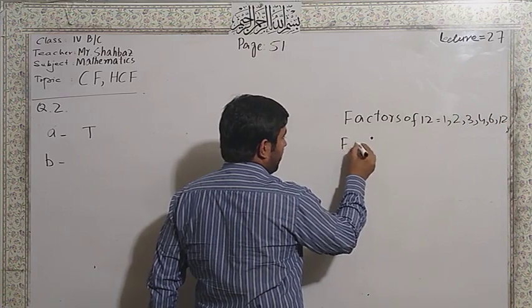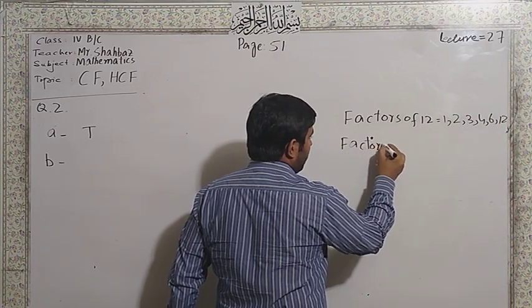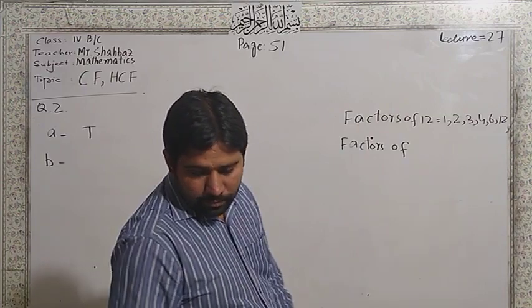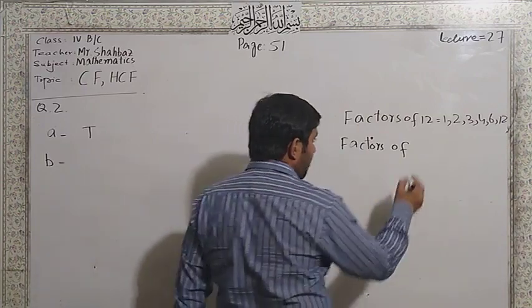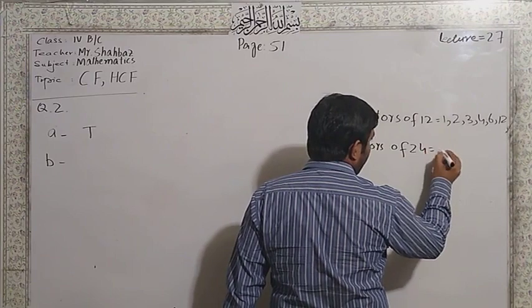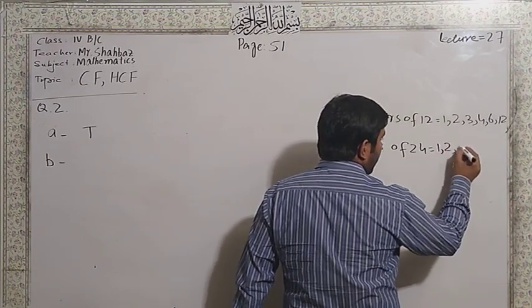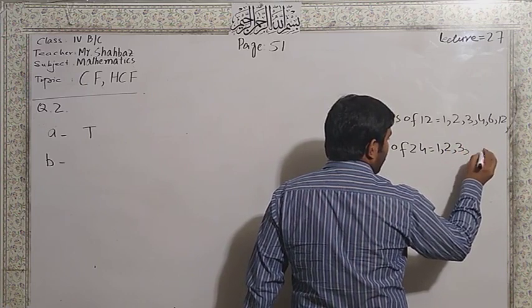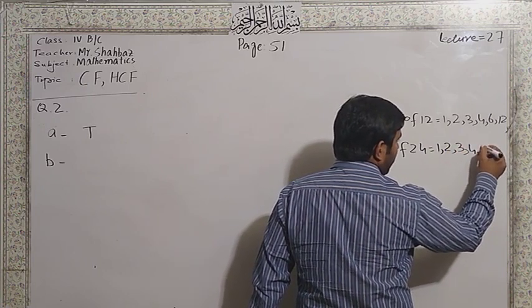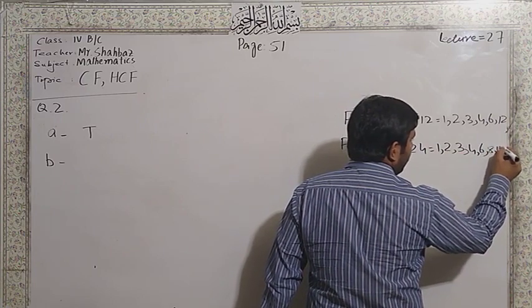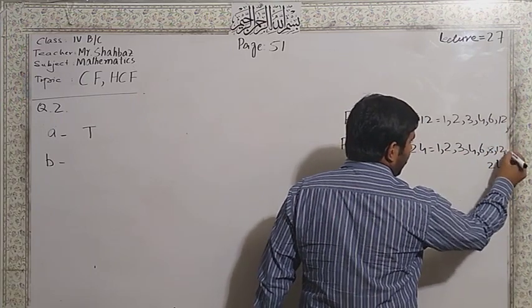Now you have to write the factors of 24: 1 24 are 24, 2 12 are 24, 3 8 are 24, 4 6 are 24, 6 4 are 24, 8 3 are 24, 12 2 are 24 and 24 1 are 24.